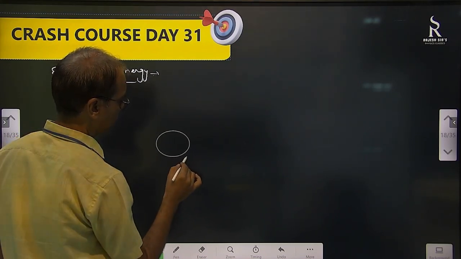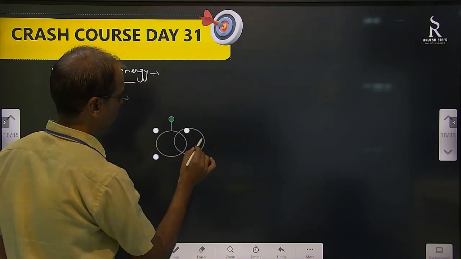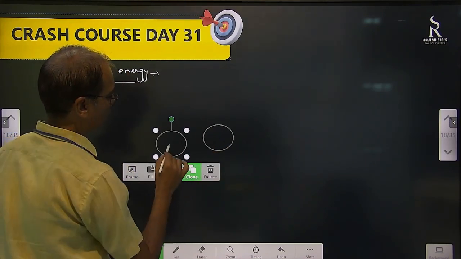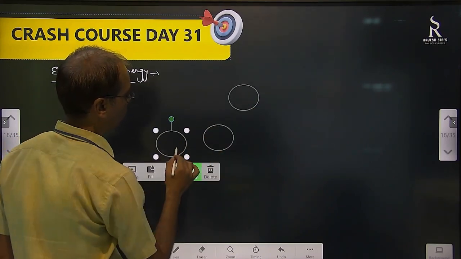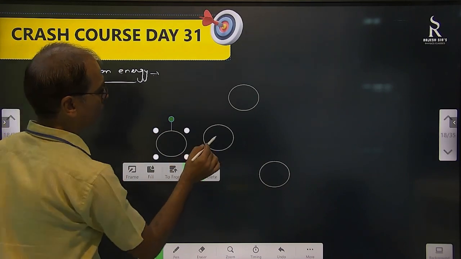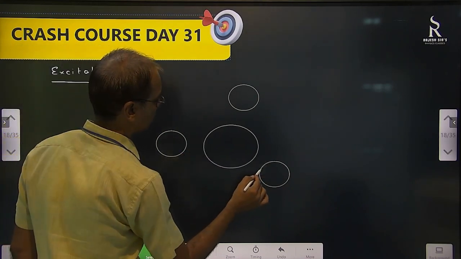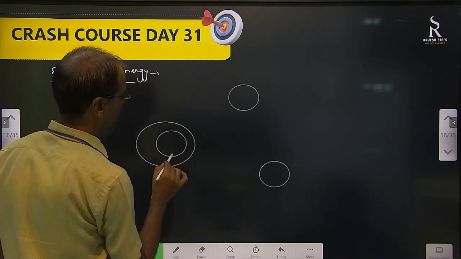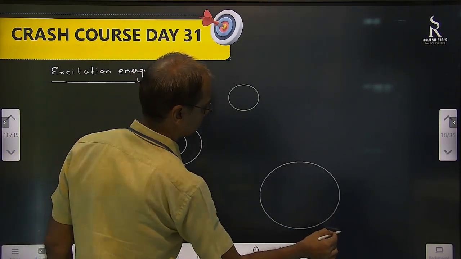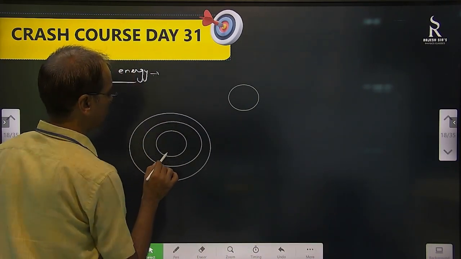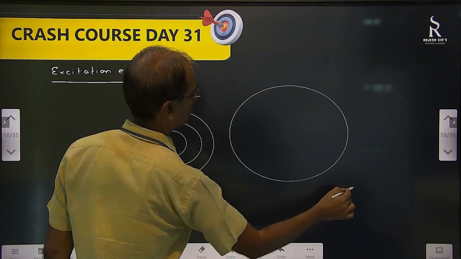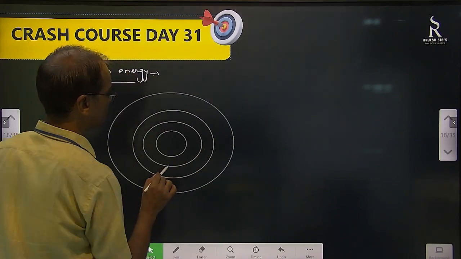One more will take. This is the first excited state. Second excited state. And there is the third excited state.